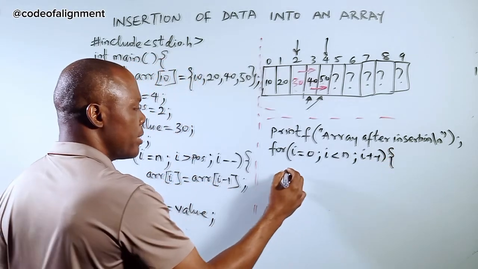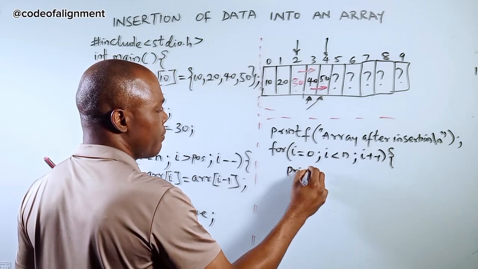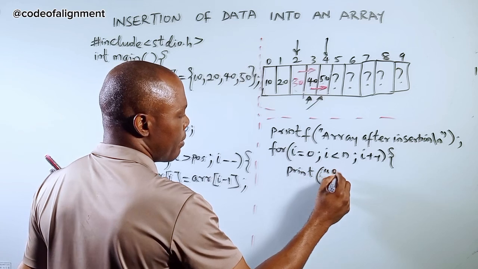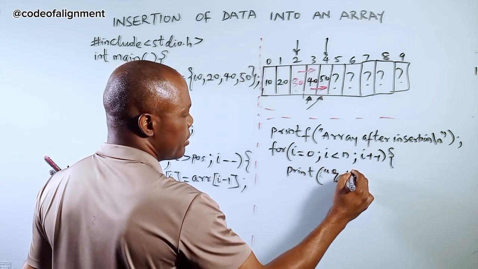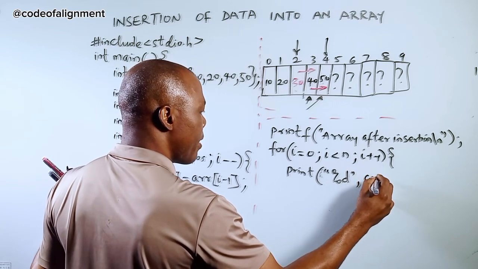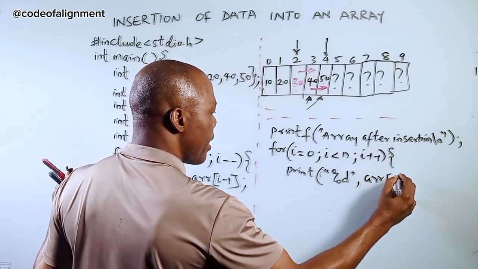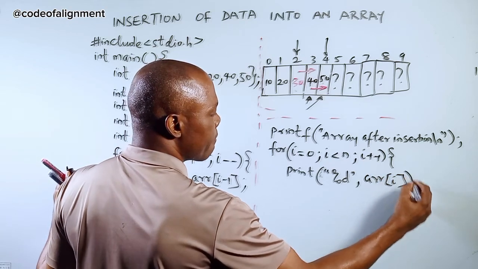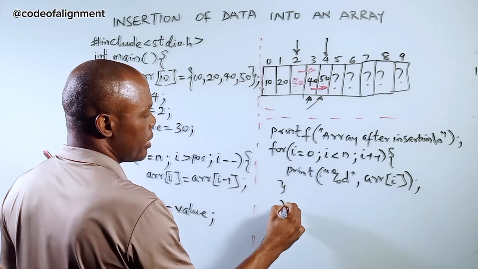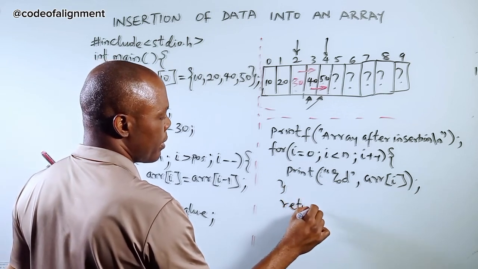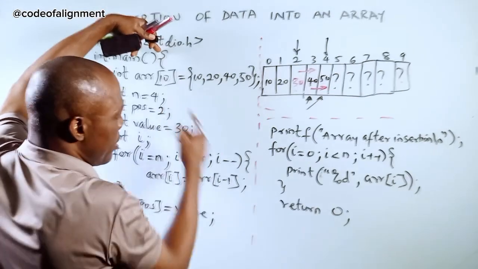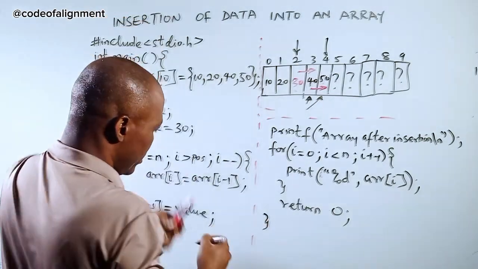So inside this place, I'll simply printf "%d", comma, array[i]. Then I will close this. Then I will say return 0. So this, my curly bracket, I'm closing it here.